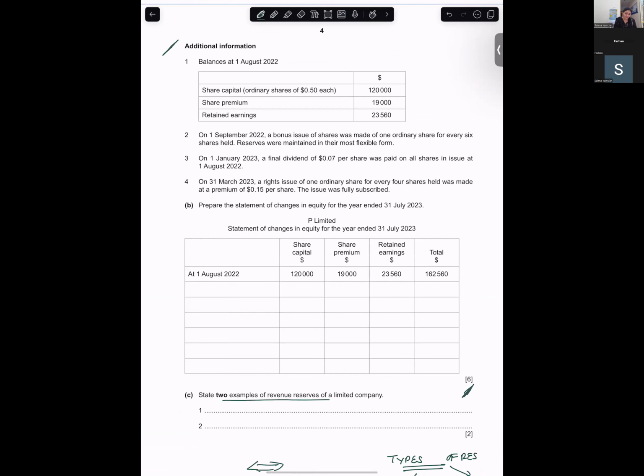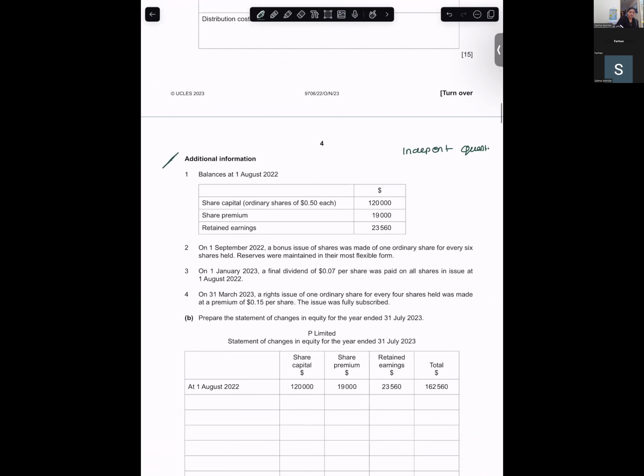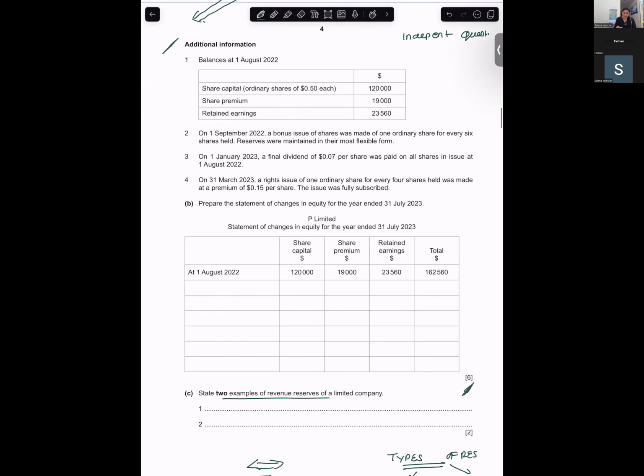Statement of changes in equity will be an independent question from the income statement. Just remember one thing: from the income statement, you will only need your profit for the year, which would come in your statement of changes in equity. So we will do the statement of changes in equity of this sum.